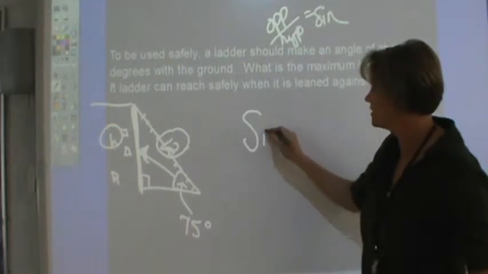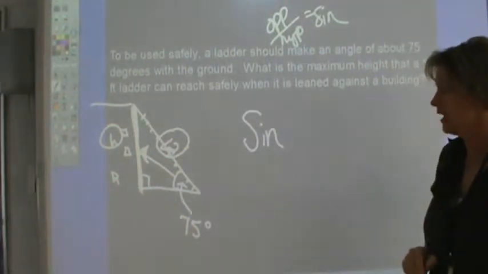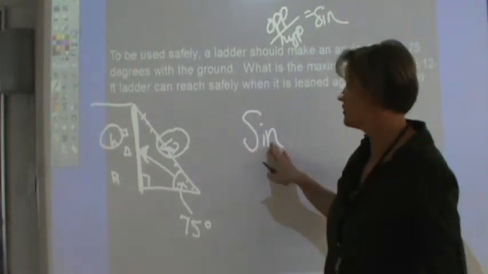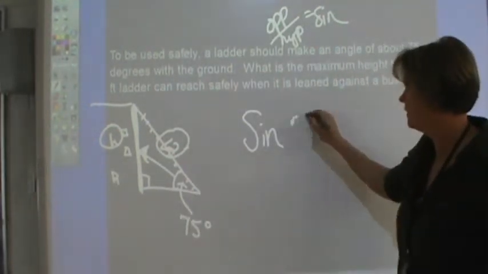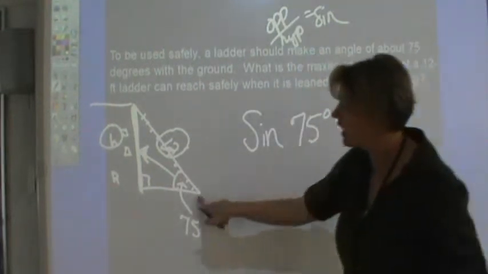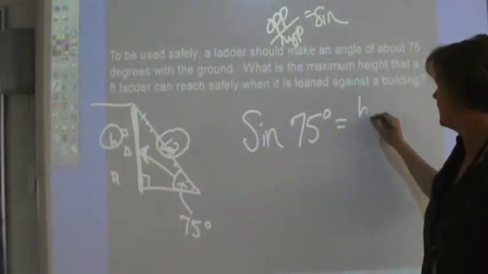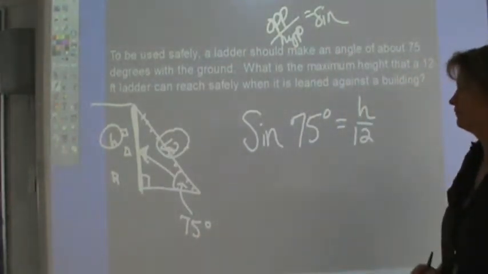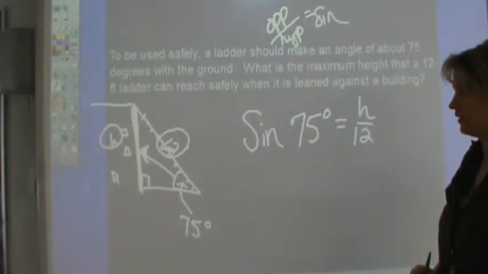So we're going to start with sine, okay? That's how we pick if it's sine or cosine, depending what's given to us. So sine of our angle is opposite over hypotenuse. Opposite is H, we're trying to find that, over the hypotenuse of 12. That's what we're going to start with.